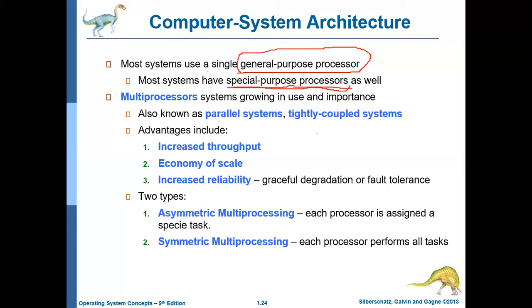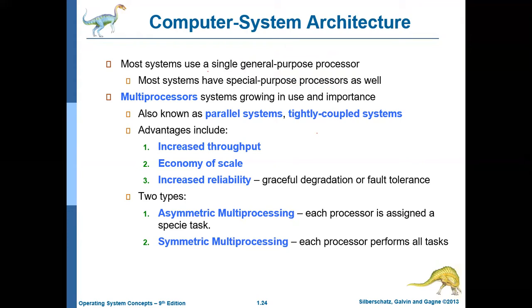Because of these, we cannot call a computer a multiprocessor system. As long as a computer has only one general purpose processor, it will just be called a single general purpose processing system. This is how we define a single general purpose processing system.